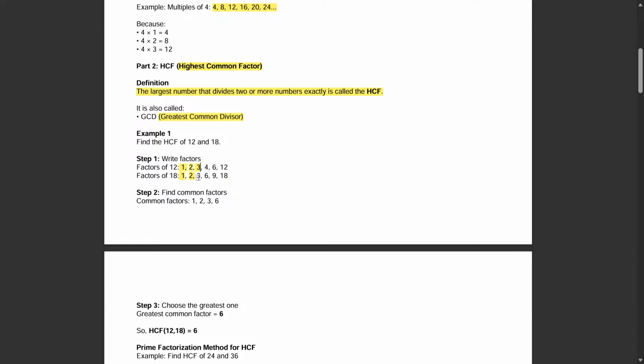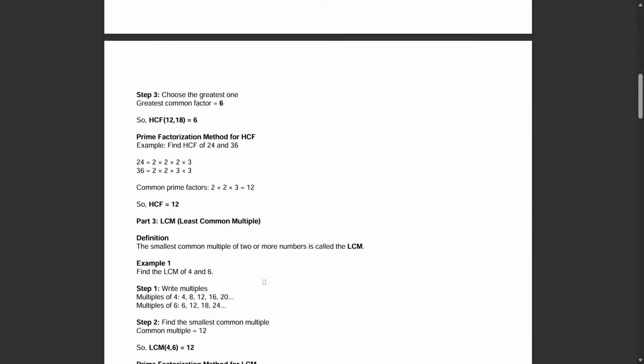Like this 3 is also common, and like this 6 is also common. So the common factors are 1, 2, 3, and 6.